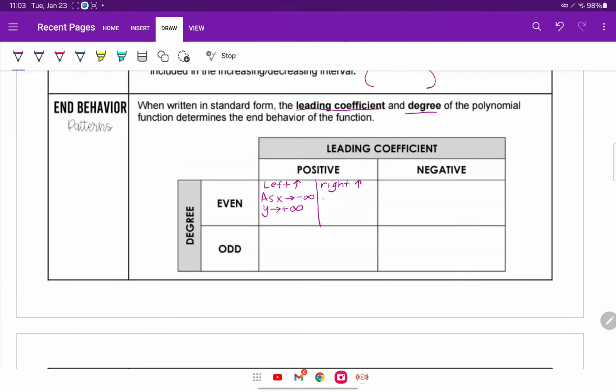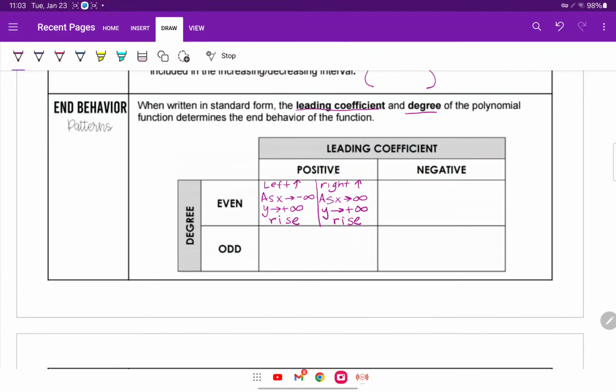If on the right-hand side, I'm going to say as x approaches positive infinity, because the x-axis moving to the right forever goes to the positive infinity, but the y values would go also up. So now the y values we're describing as also going up to positive infinity. So we could say the left side rises, the right side rises, but this is how we would say it using the algebra.